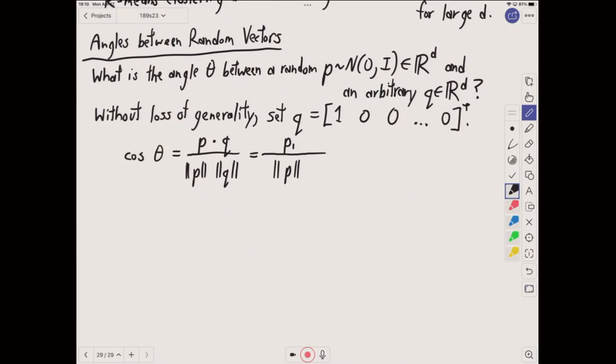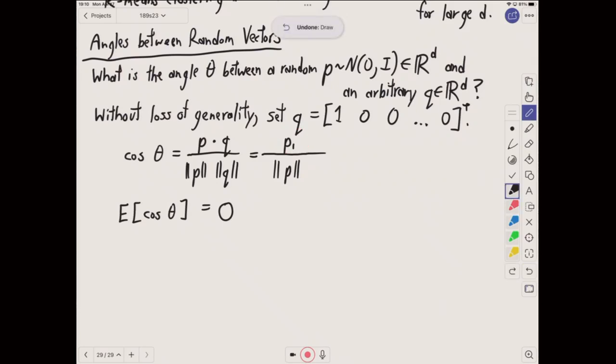Well, remember, P1 is a univariate, normally distributed variable with mean 0. So the expected value of cos theta has to be 0 because, again, P1 is normally distributed with mean 0.